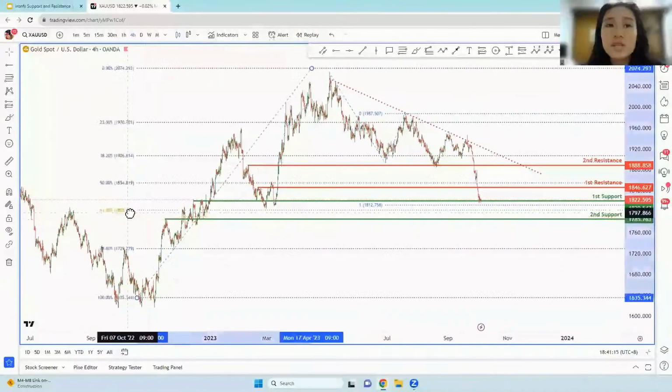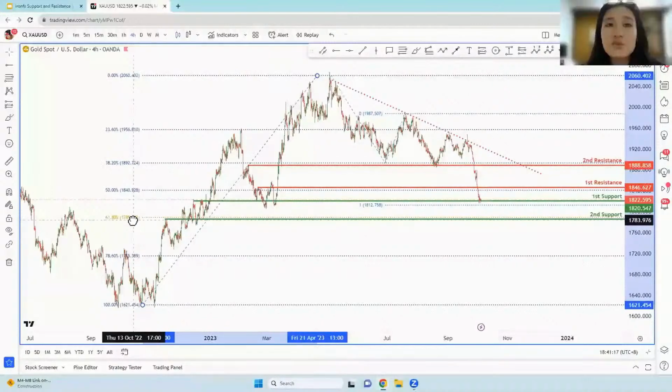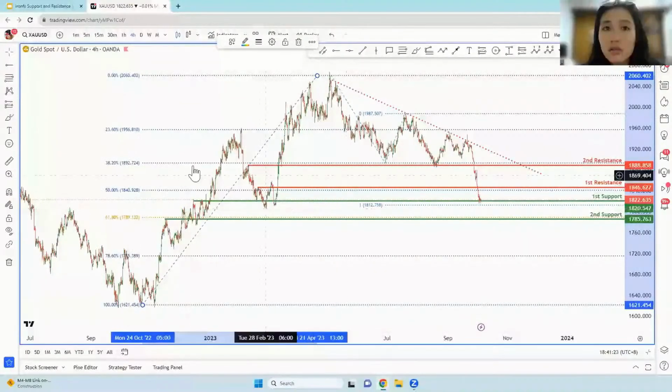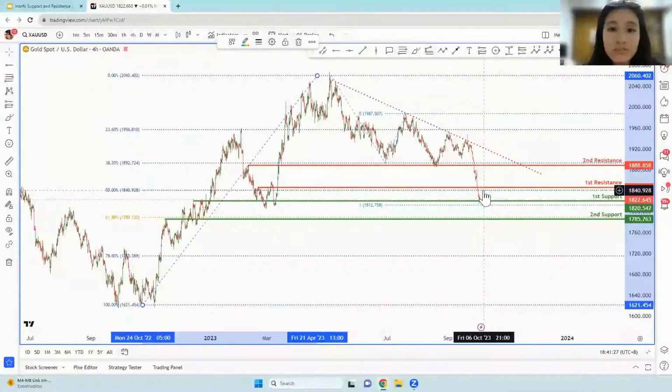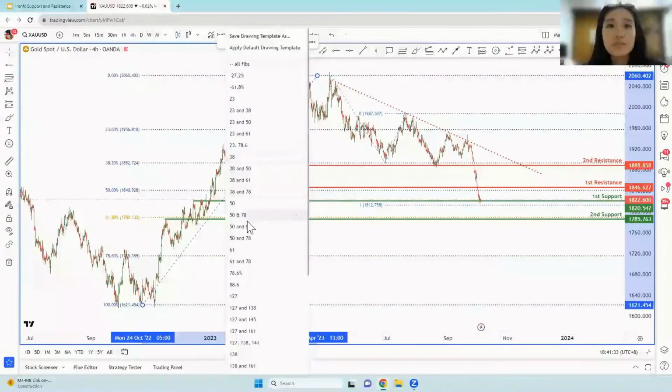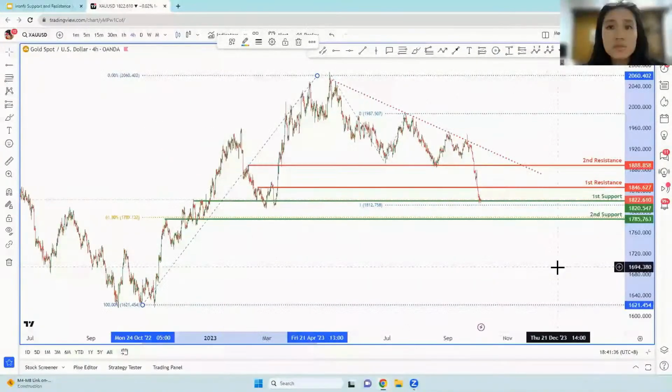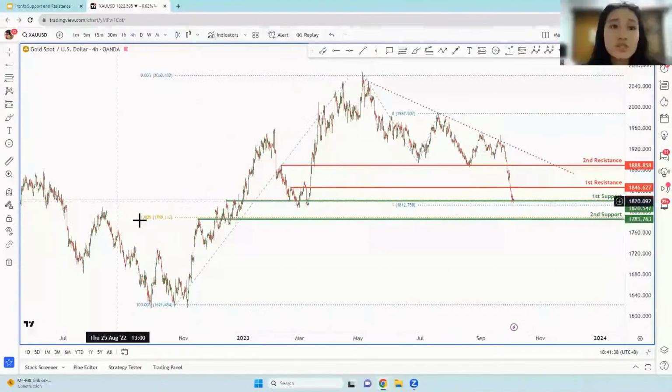Here I can see that this Fibonacci retracement lines up with my 61.8. The 50% is no longer valid because price has already broken out of it. So just my 61.8. And this is a retracement.